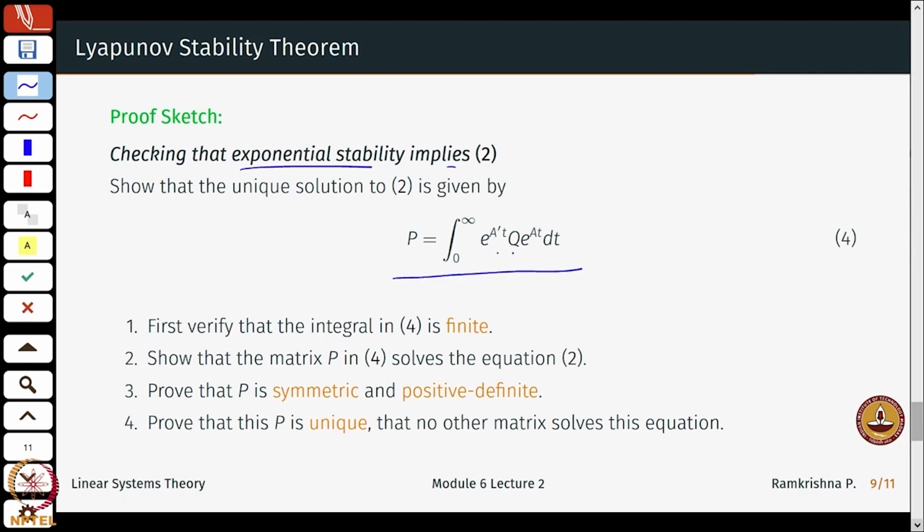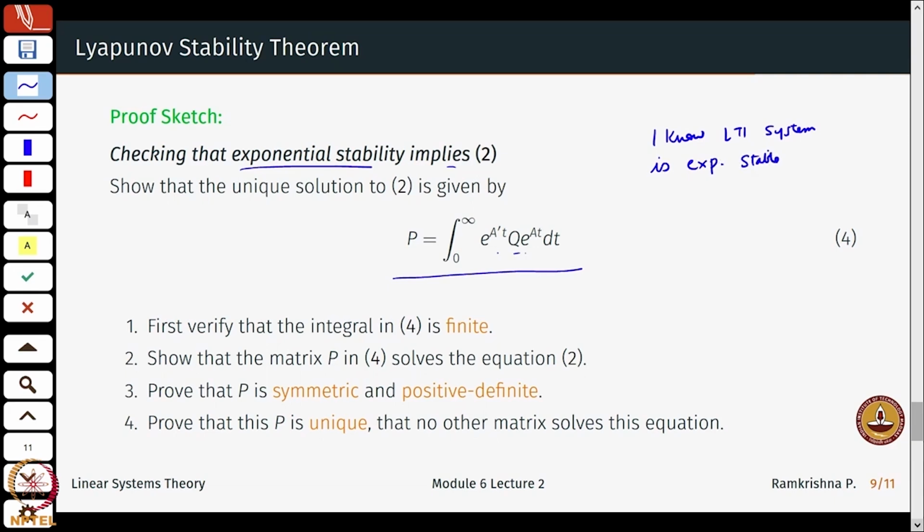0 to infinity and so on. I know that the system, the LTI system, is exponentially stable.